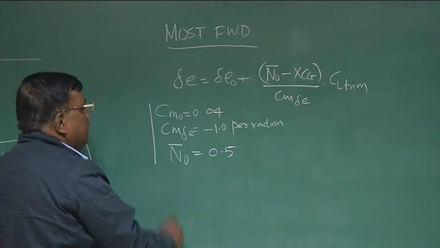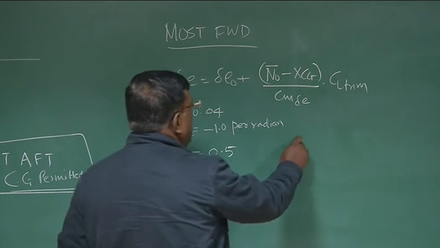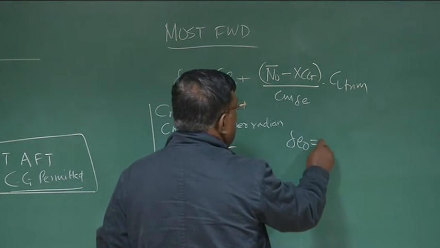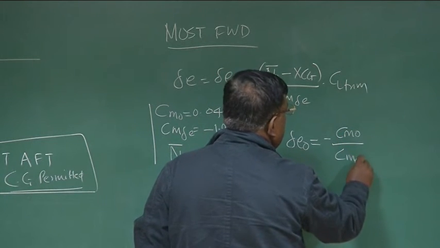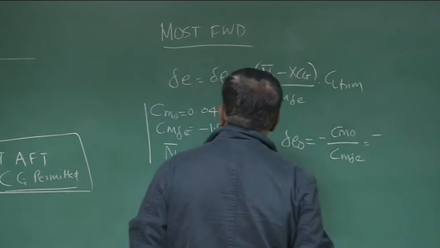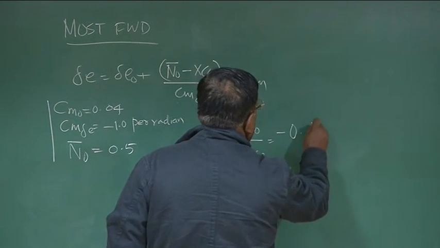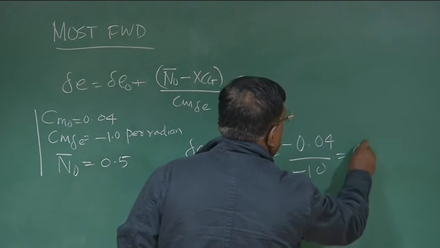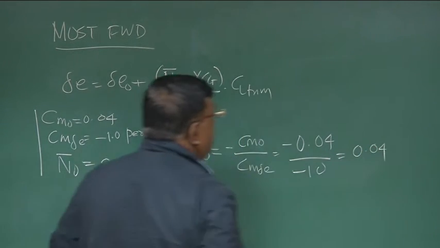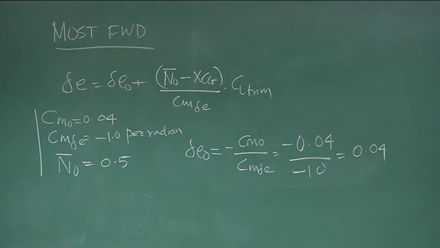With these three numbers, I can easily find out what is delta E naught. What is delta E naught? It is minus Cm naught by Cm delta E. So this is minus 0.04 by minus 1.0. So this is 0.04. So that is the value of delta E naught, correct? And if I now simplify, what do I get?